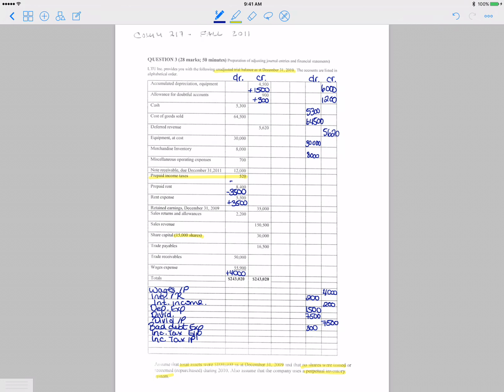On the exam, if this takes too long for you, by all means, if you're able to not rewrite every account and simply highlight the ones that were adjusted and write in the new balance, please feel free to. If not, then go through this step. Just note your time, because time is limited during these exams. So only do what is absolutely necessary. We're going to come back to this one.